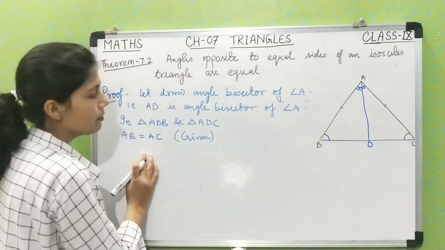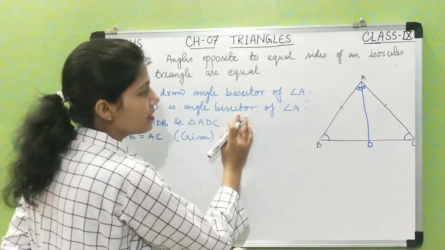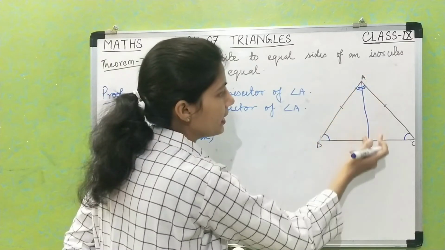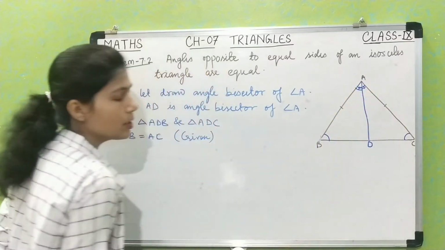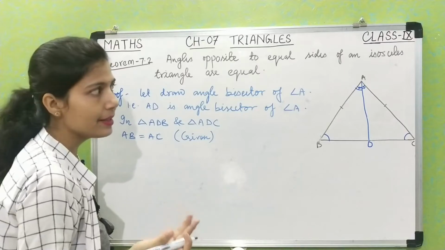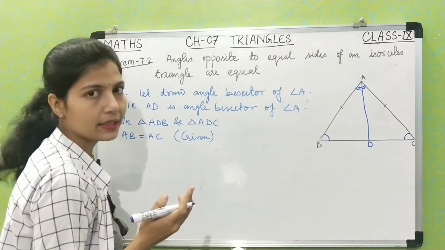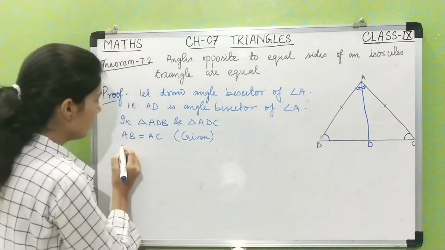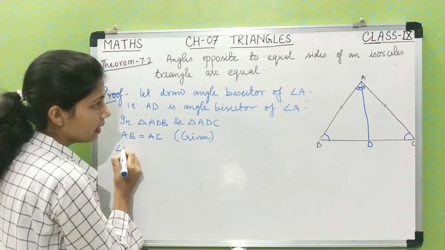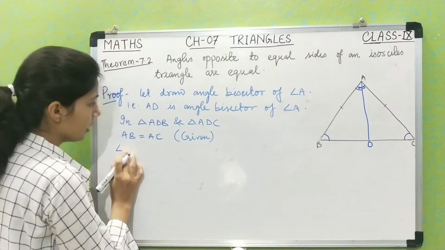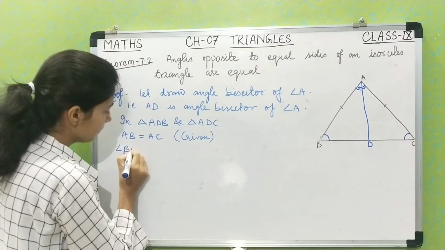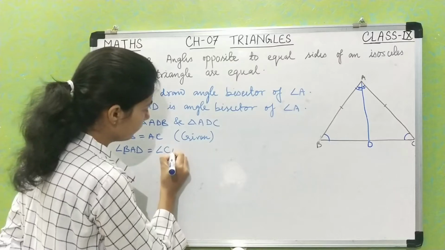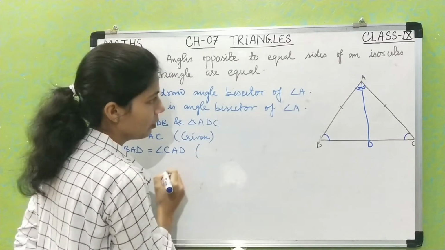Okay, now by construction, what we have got? Angle BAD is equal to angle CAD because AD is angle bisector, means this angle bisector AD is dividing angle A in two equal parts. Okay, so angle BAD is equal to angle CAD. Why?